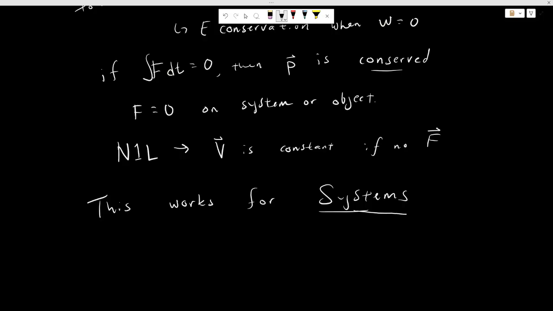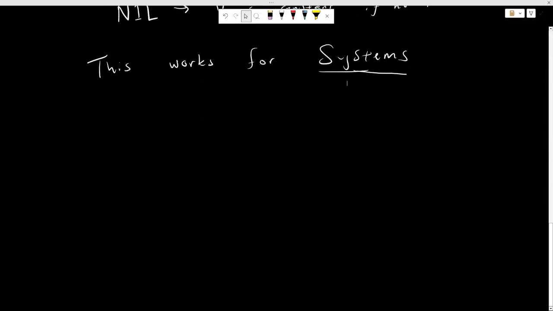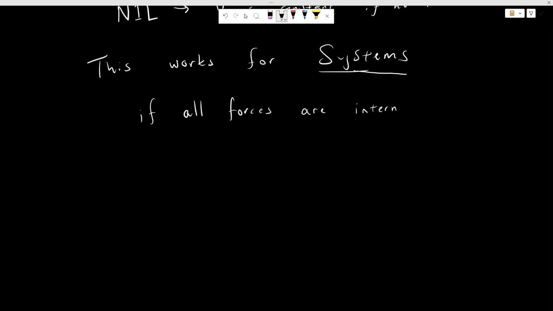Because what that means, if this works for systems, is that if all forces are internal, then momentum is conserved. So if all the forces are internal, momentum is conserved.